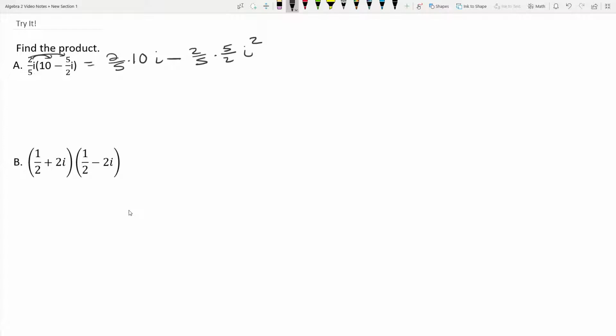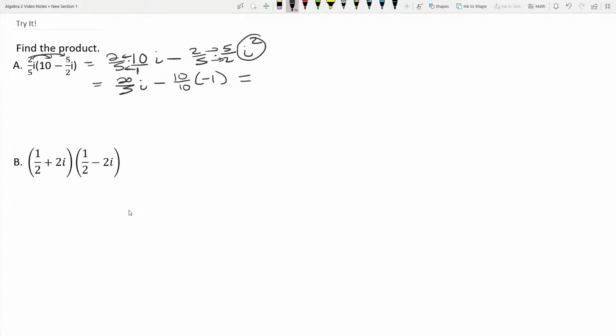All right, so what's 2/5 times 10? Well, we write this as 10 over 1. 10 times 2 is 20. 5 times 1 is 5. So we got 20 over 5 i minus. Now we multiply these across. So we got 10 over 10 i squared. Remember, replace i squared with negative 1.